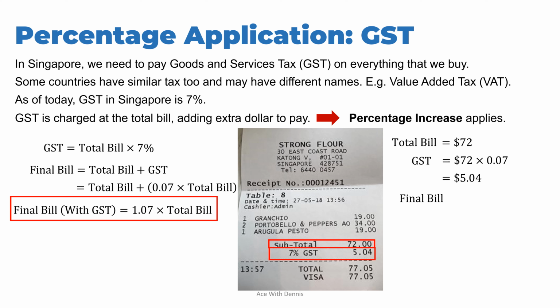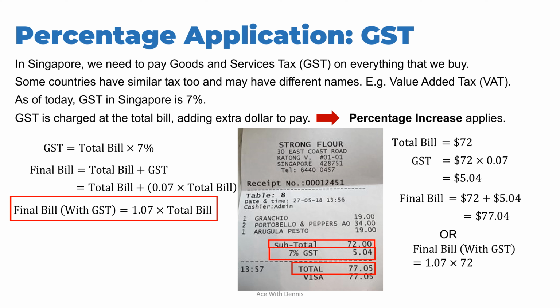Now the final bill will be 72 plus $5.04, and it is $77.04. Over here it is 77.05, maybe it has been rounded up by 1 cent. Or you can apply this quick formula: final bill with GST is 1.07 times 72, which is $77.04.